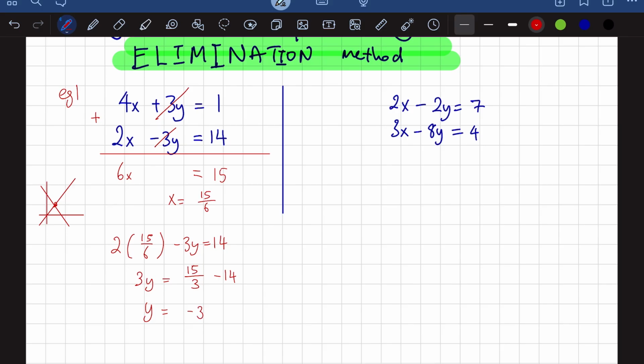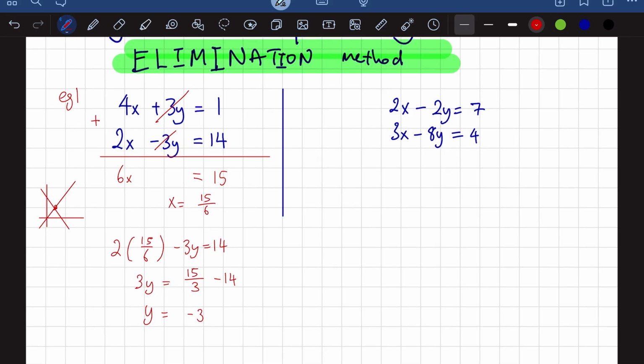So with that, we can say that the solution of this simultaneous equation would be 15 over 6, or you can simplify that, maybe divide both top and bottom by 3, so it's 5 over 2, comma, negative 3. All right, so that's how you solve example 1.